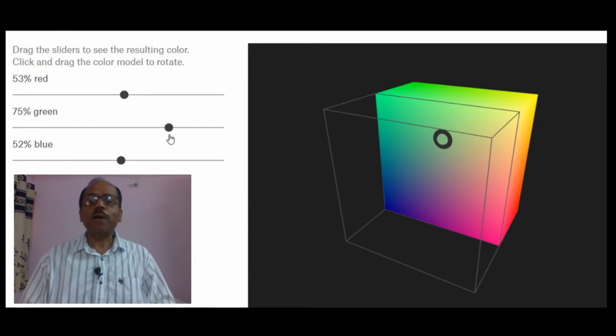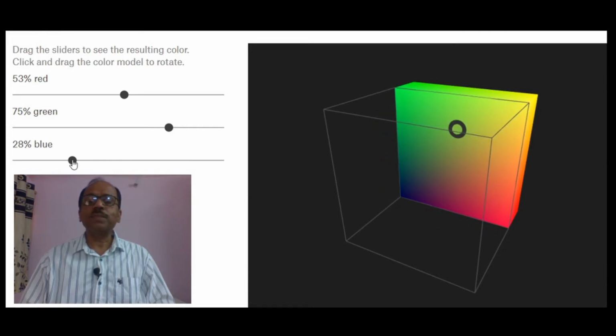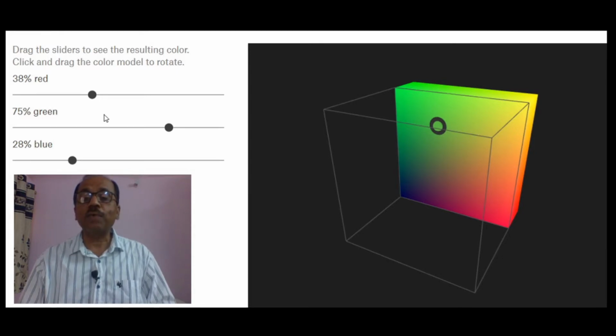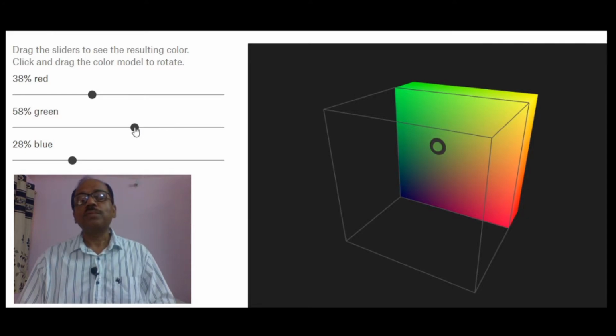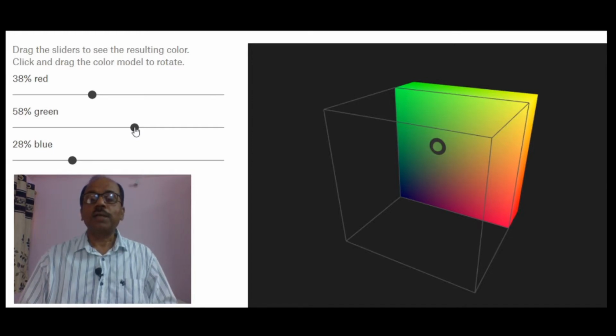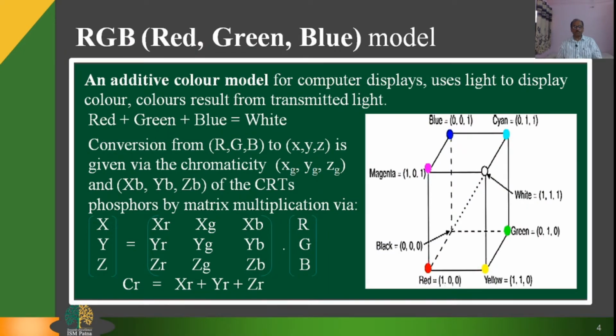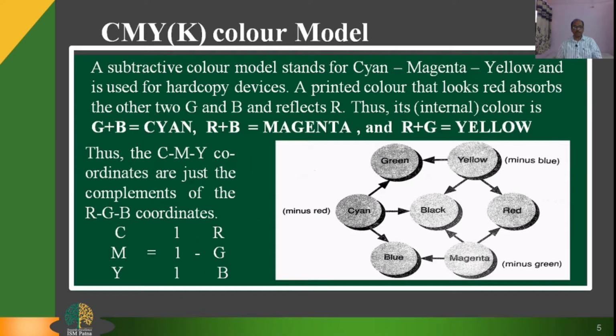As per our requirement, we move these balls on various axes to see what percentage of what color combination gives what type of color. I think you all understood how the RGB color model prepares color for our computer graphics. Now we move to another model.